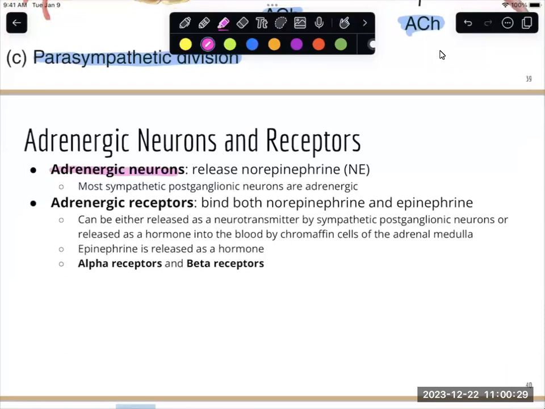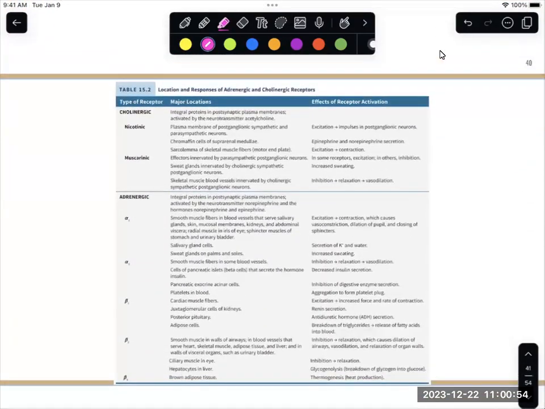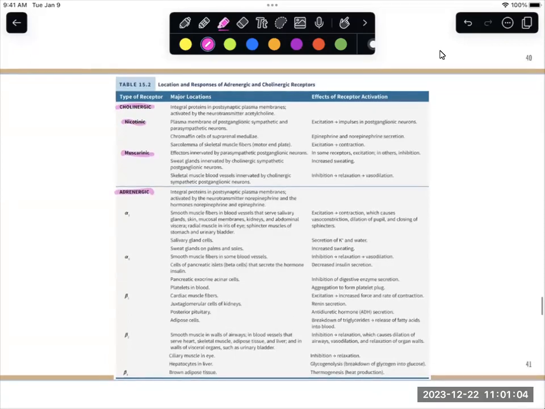Adrenergic neurons release norepinephrine, and adrenergic receptors bind norepinephrine and epinephrine. So we have those neurons and receptors. So this goes through those cholinergic, nicotinic, muscarinic receptors, those adrenergic receptors, where they're all found and what they do.